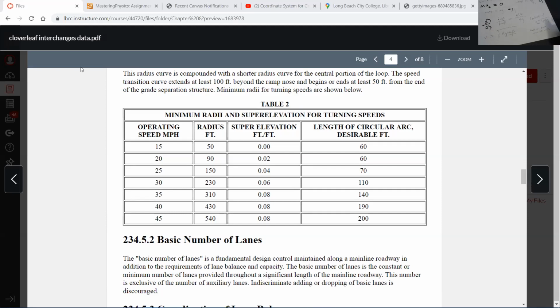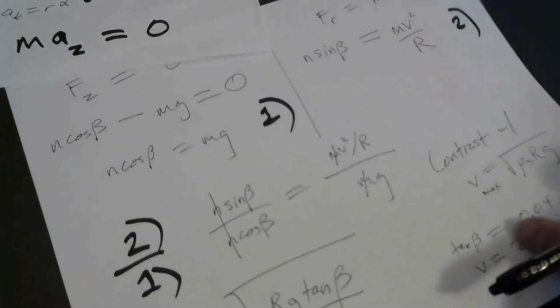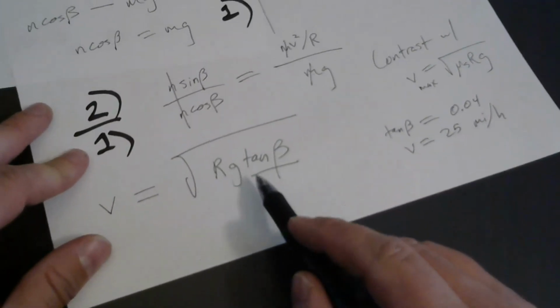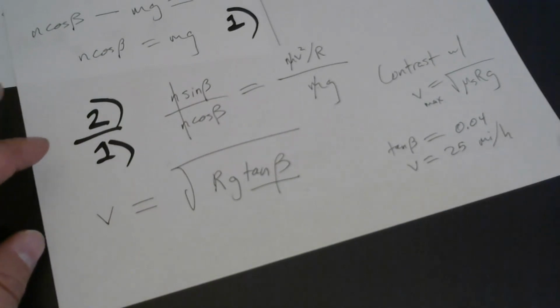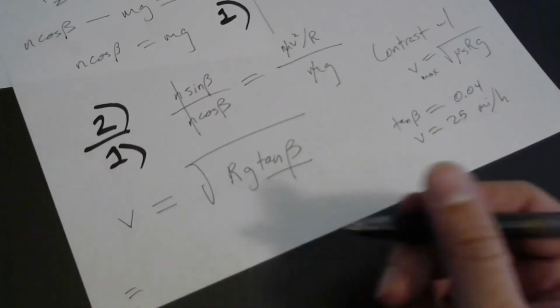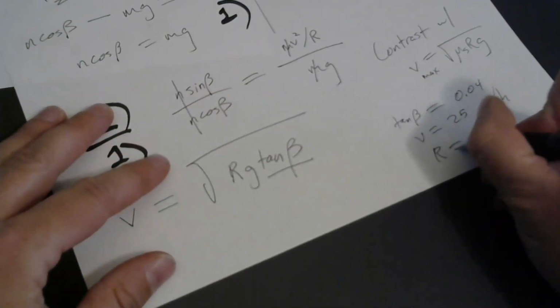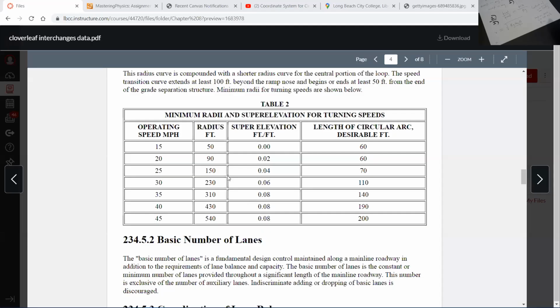Okay, let me go back to my notes here. Let's check what the formula says. Let's see if the number that comes out of here is at all consistent with what this civil engineering website gave. Oh, I forgot to write down the radius of curvature, didn't I? Let's go back here. The 25 miles per hour, the radius was 150 feet.